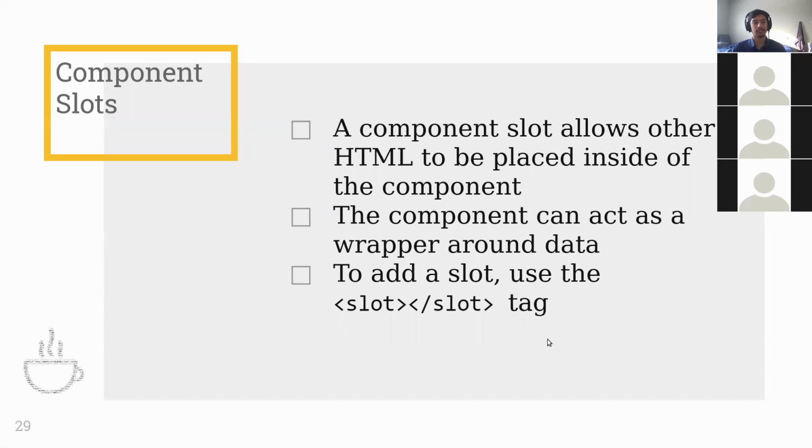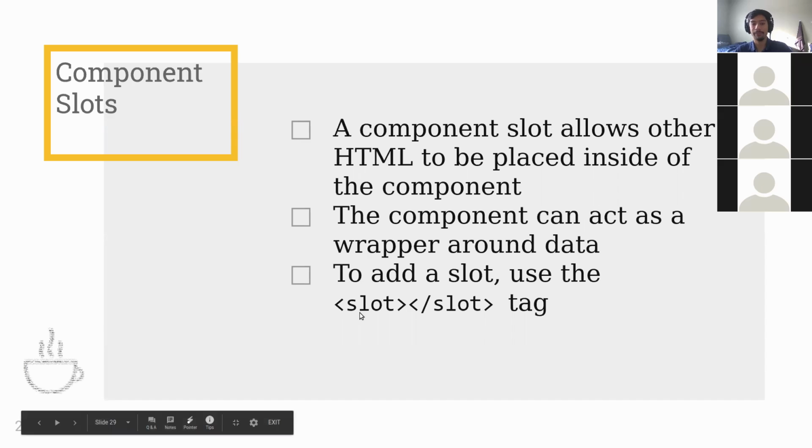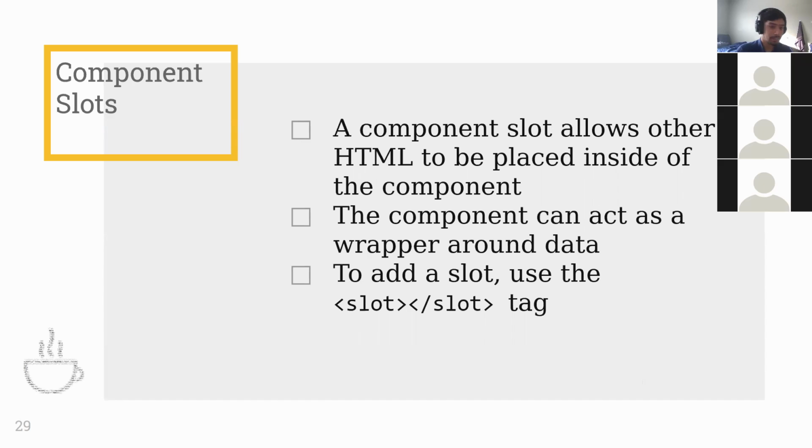The first one is component slots. This is a little bit of a trickier topic to think about, but a component slot is a kind of custom tag, the slot tag you guys see at the bottom here, that you can define inside of, and only inside of, a Vue component. That allows other HTML to be placed like a child tag inside of the slots. So the component can essentially act as a wrapper around the data.